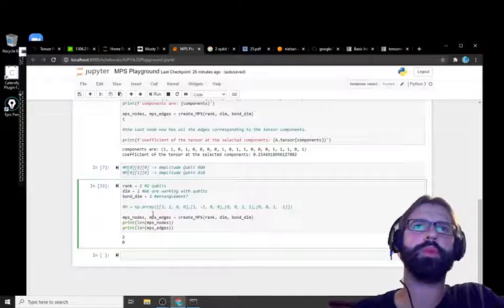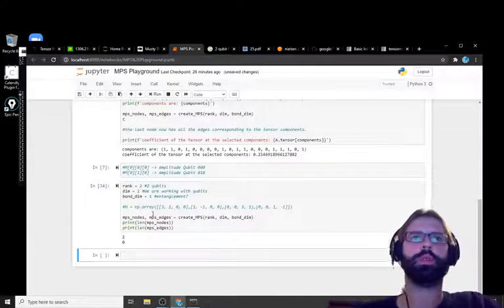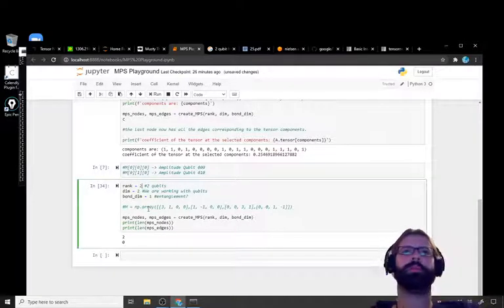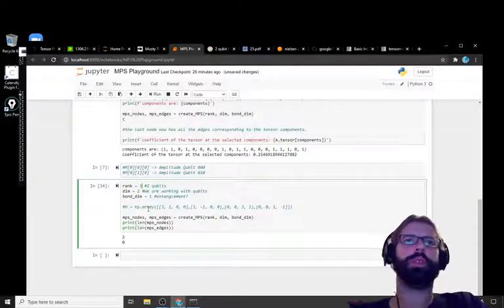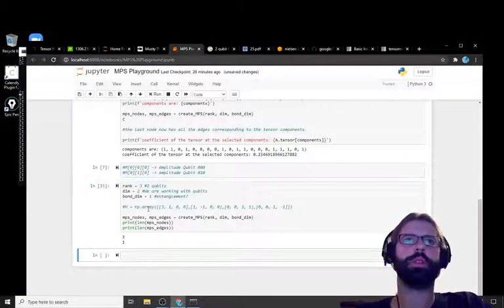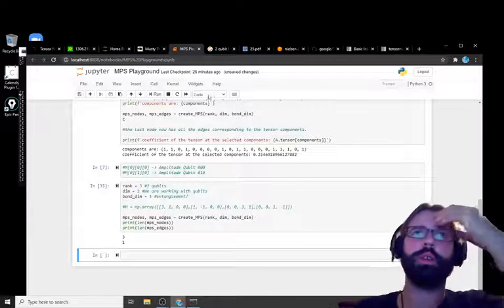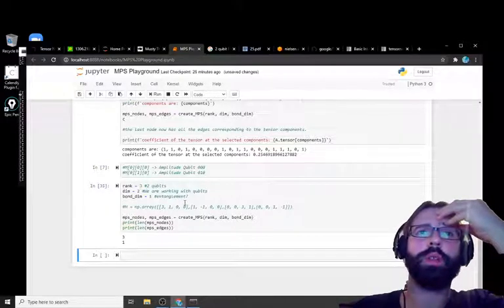Bond dimension 2 though. So I really have to have, if I have 3 qubits, then I get 2. Why do I get 1 edge? I don't understand that. I should be getting 2 edges.